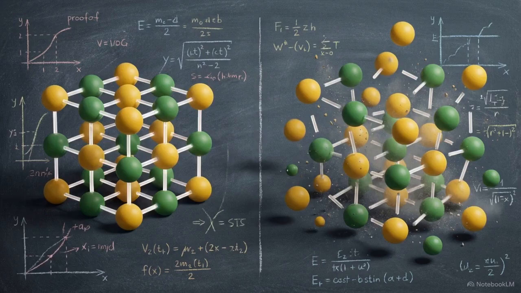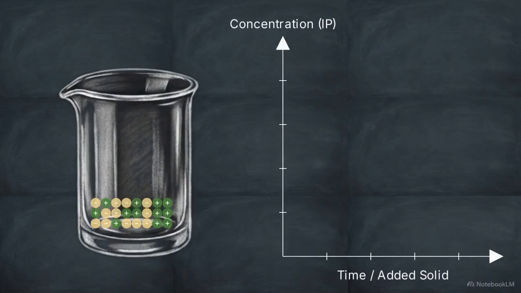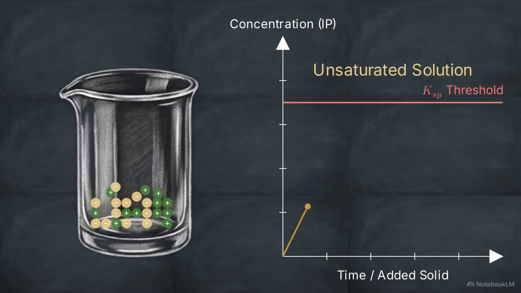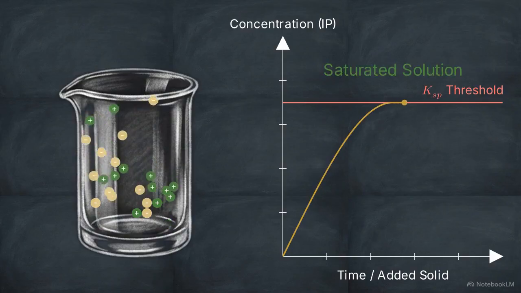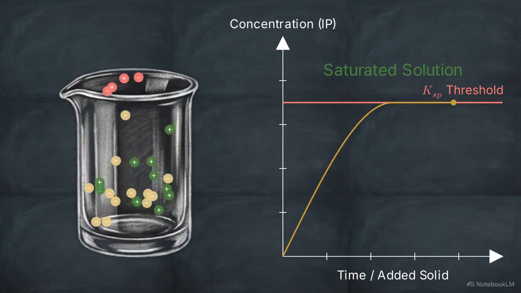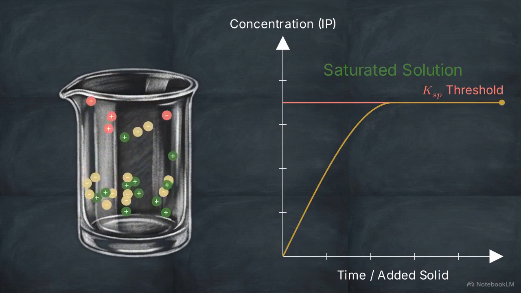The creation of an aqueous solution is the ultimate thermodynamic triumph of entropy over enthalpy. The specific chemical identity of the solute dictates exactly how much solid will dissolve, governed by the strict mathematical limits of the solubility product constant and the strategic presence of external ions.